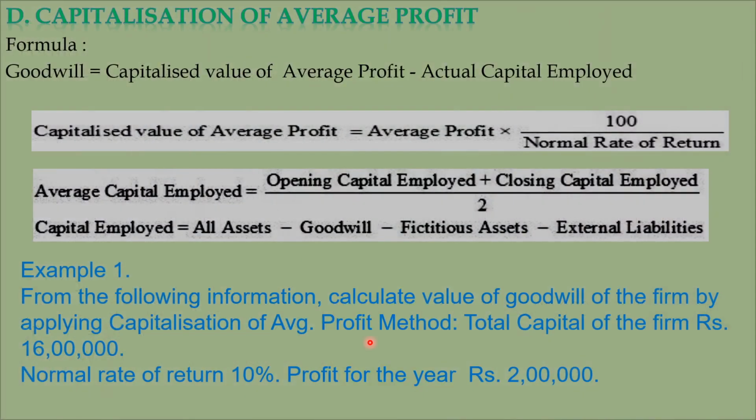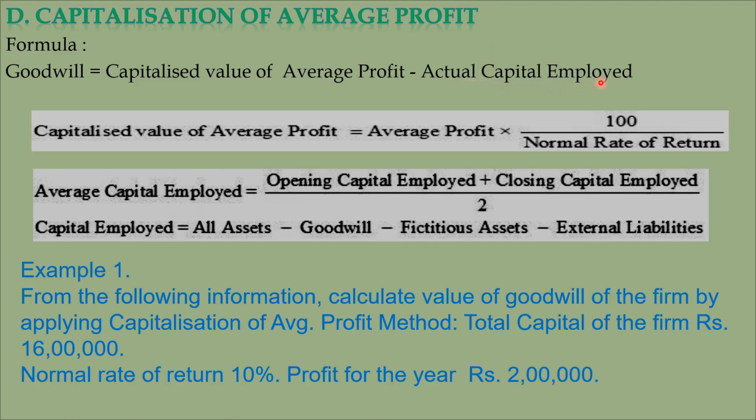Now there is the method of capitalization of average profit, which we have to explain here. Today we are going to explain in detail the next method, the capitalization of average profit method. Under that method, we have to know the capitalized value of average profit as well as actual capital employed.